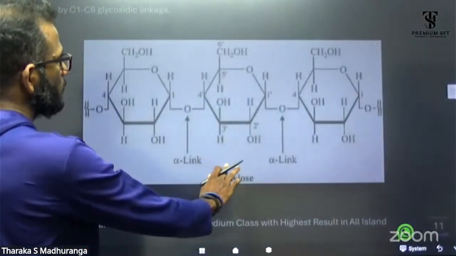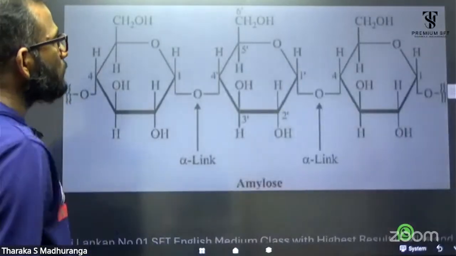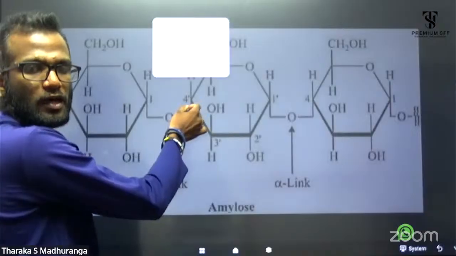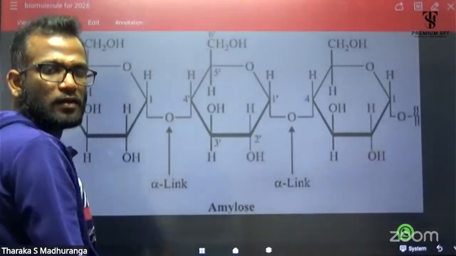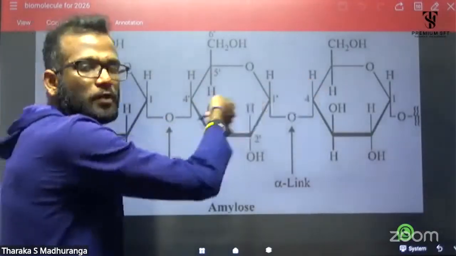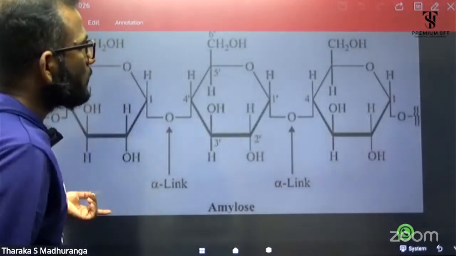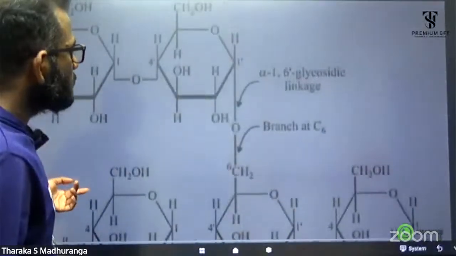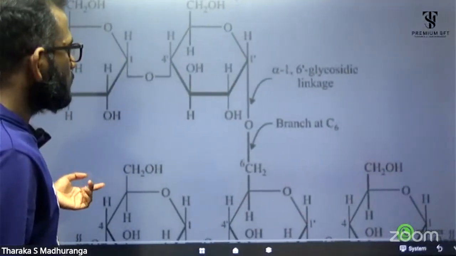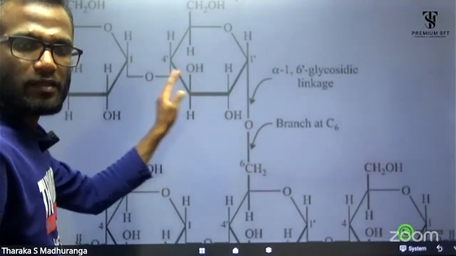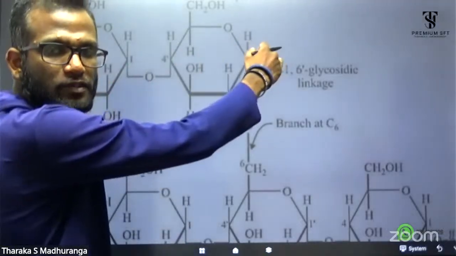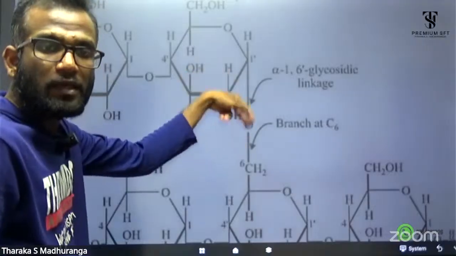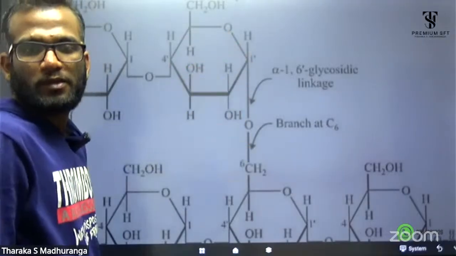See, they are alpha 4 glycosidic bonds, first carbon, fourth carbon, alpha, because it is alpha glucose. If you take amylopectin, these chains have alpha 1,4 glycosidic bonds, but these branches are made by alpha 1,6 glycosidic bonds.